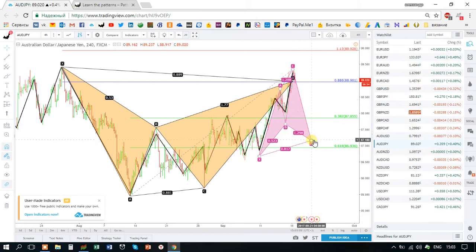Then I will open another 2 trades, 2 contracts, to go higher with that cipher pattern, because the probability of the cipher is very impressive. More than 70% actually is the probability of the cipher. So I am to take my position here, the rest of my position here. It almost coincides with the cipher entry.